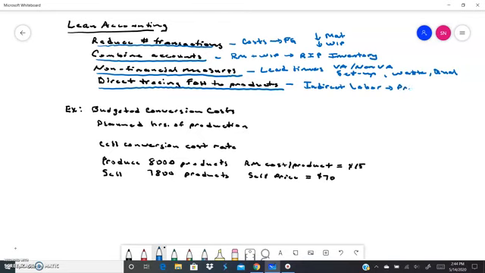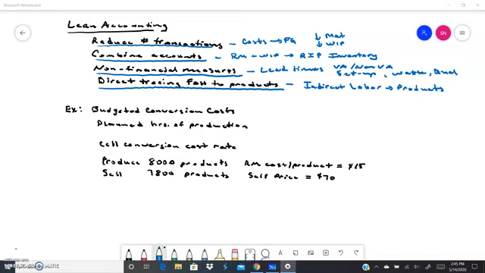So we don't have to go through an allocation process for that. So we've minimized a big portion of factory overhead that does need to be allocated. So that can be very helpful in eliminating a lot of the accounting relative to factory overhead allocation.